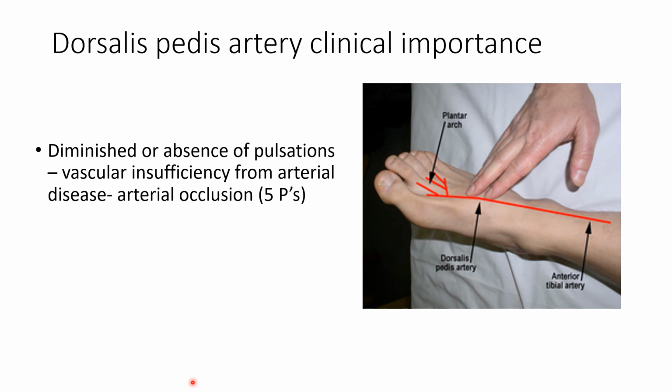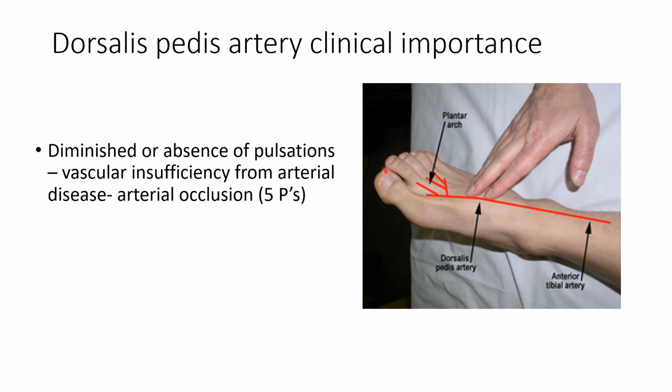Diminished or absent pulsations of the dorsalis pedis artery are seen in cases of vascular insufficiency from arterial diseases, that is, in case of occlusion of the arteries. Here you will find the 5 P's: pain, pallor, paresthesia, paralysis and pulselessness.